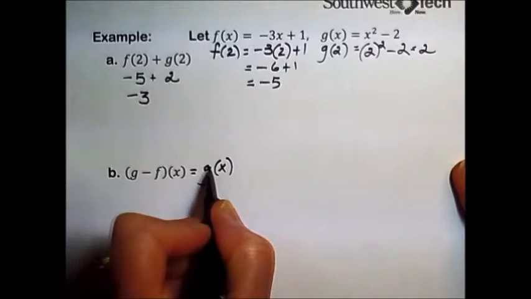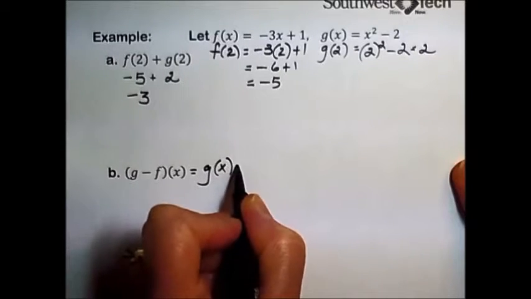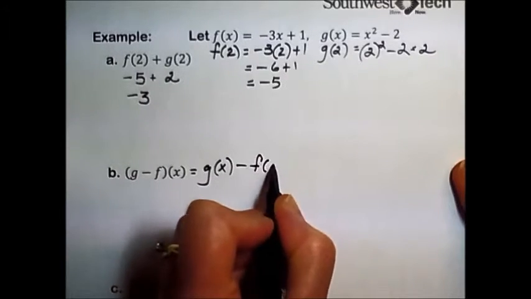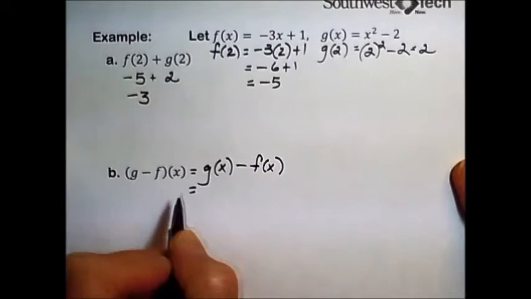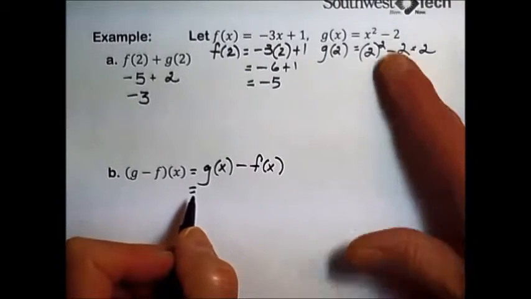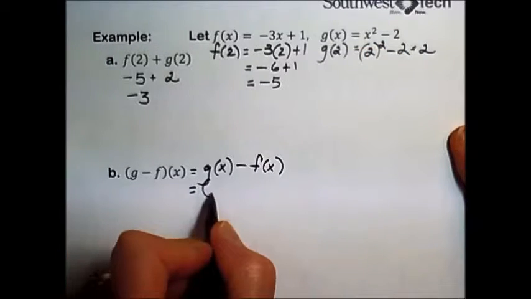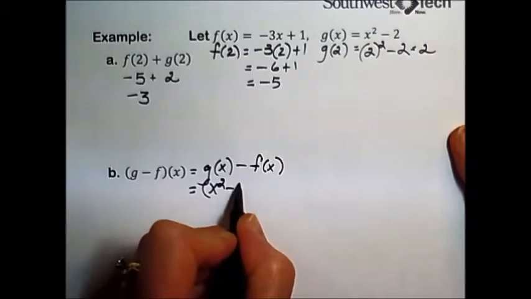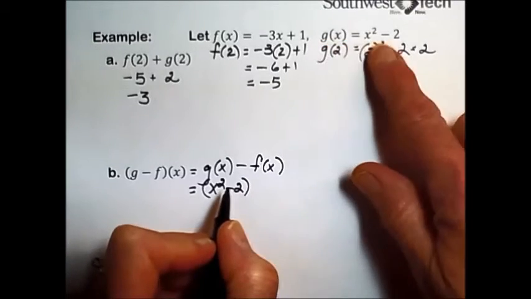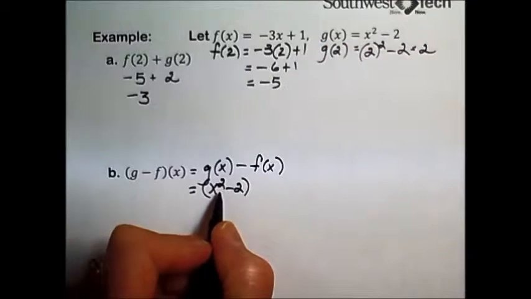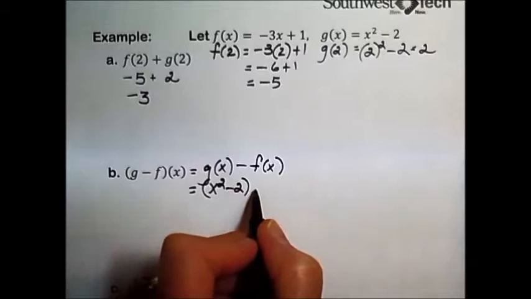It came from taking the g of x function minus the f of x function. We'll substitute in what those are. The rule for g of x is x squared minus 2. That's what it's equal to. So we're substituting our function notation for its equivalent.